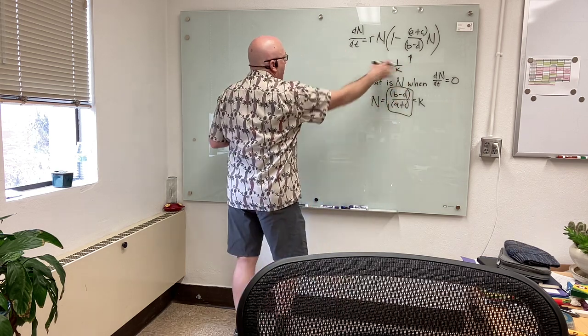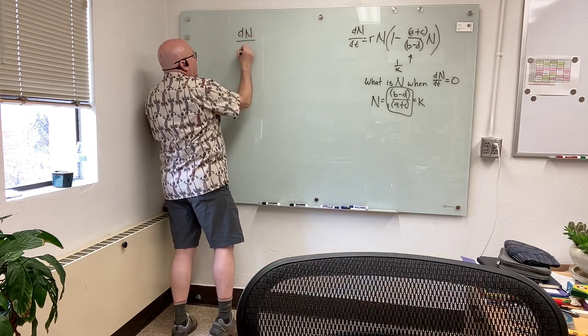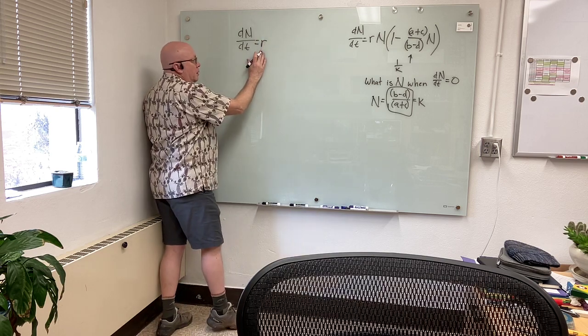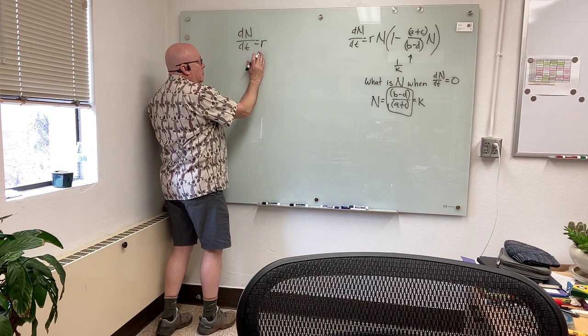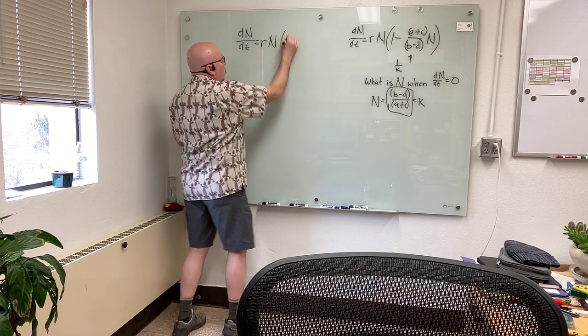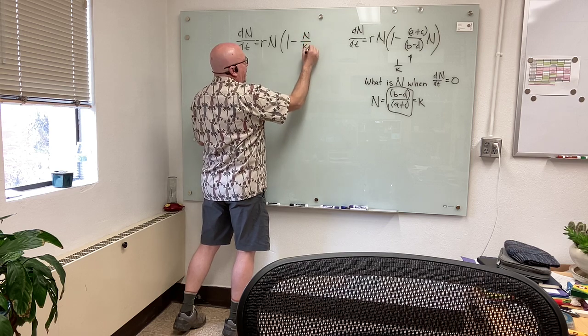And so we can rewrite this equation such that change in population size given some change in time is equal to the per capita growth rate multiplied times population size times 1 minus n over k.